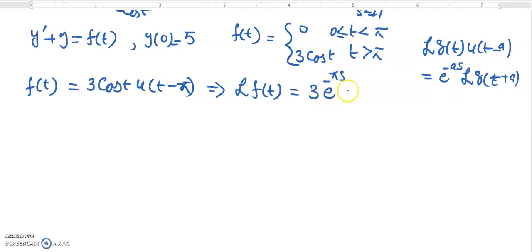So e power minus pi s, and the Laplace of cosine of t plus pi. Cosine of t plus pi is minus cosine t.